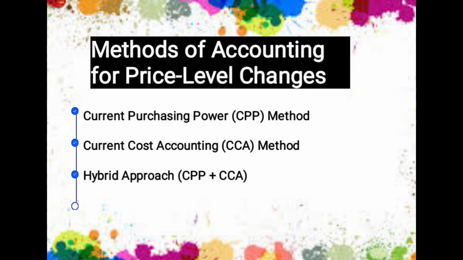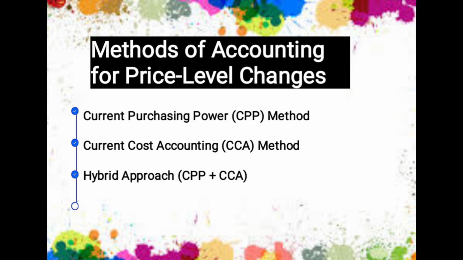So current purchasing power accounting adjusts the historical cost financial statements using a general price index, then converts all figures to constant currency. Example, today's dollar. It focuses on purchasing power of money, not current replacement cost.